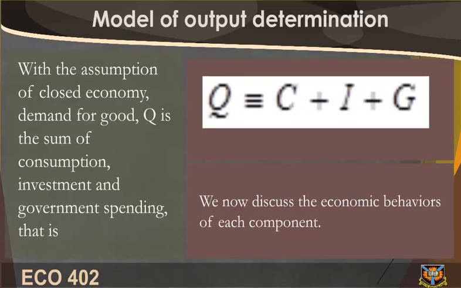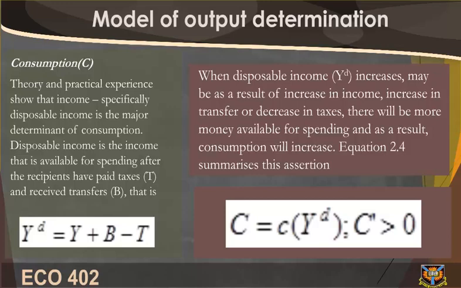Our focus, therefore, is to study factors that determine output in the short run. With the assumption of closed economy, demand for goods, Q, is the sum of consumption, investment, and government spending. That is, we now discuss the economic behavior of each component. Consumption C. Theory and practical experience show that income, specifically disposable income, is the major determinant of consumption.